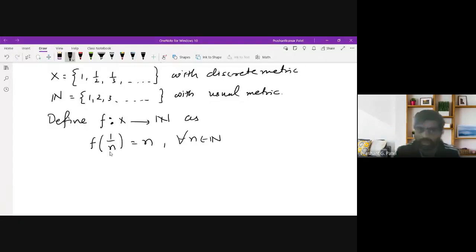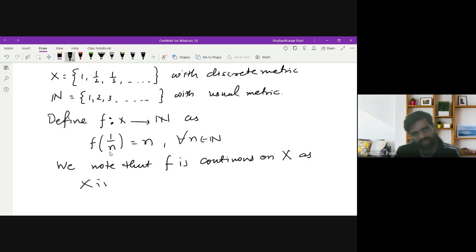So the inverse image of any open set in M is open in X. That's why we note that this f is continuous on X, as X is a discrete metric space.